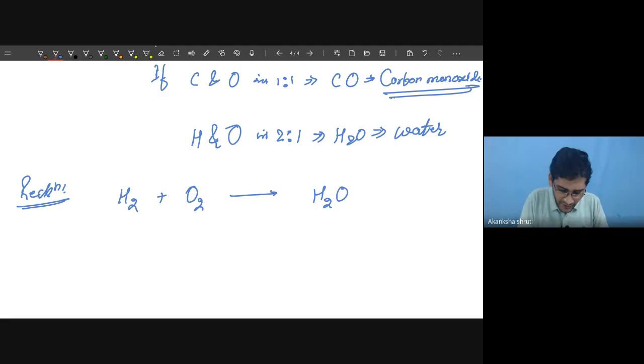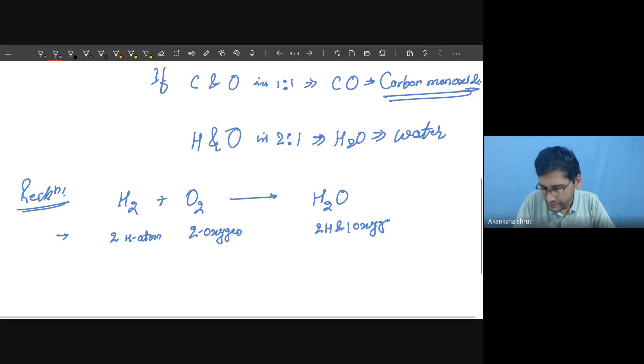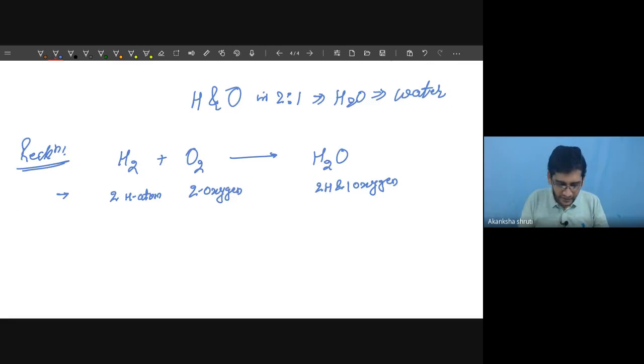So here we are observing that in terms of number of atoms, it is 2 hydrogen atoms and 2 oxygen atoms. But for water, there are 2 hydrogen and 1 oxygen atom. But as per the law of conservation of mass, the mass of reactant should be equal to the mass of product.